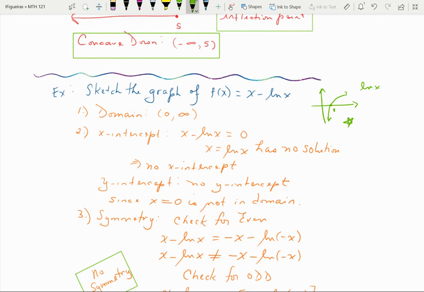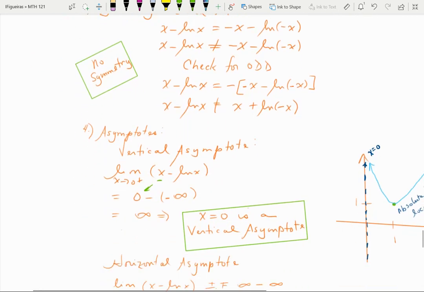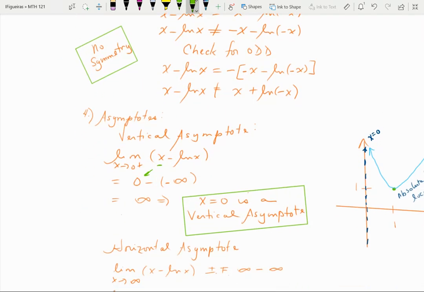So that means the limit of 0 minus negative infinity is going towards infinity. All that's telling me is that this graph is getting larger and larger as your values of x get closer to 0. So that means that x equal to 0 is a vertical asymptote.